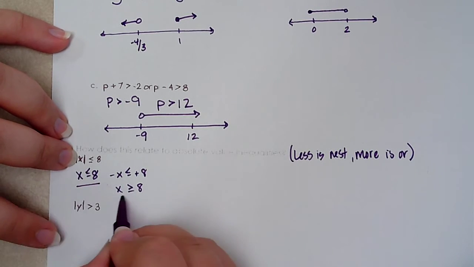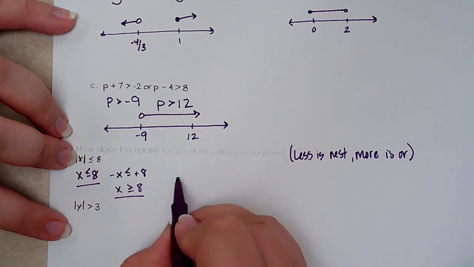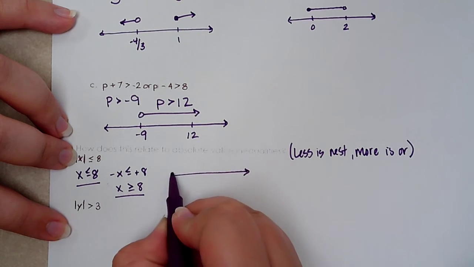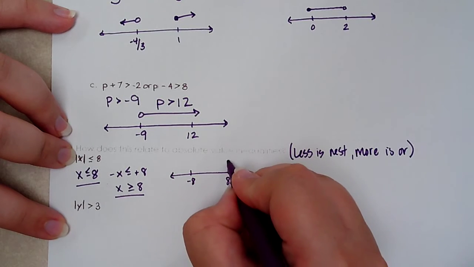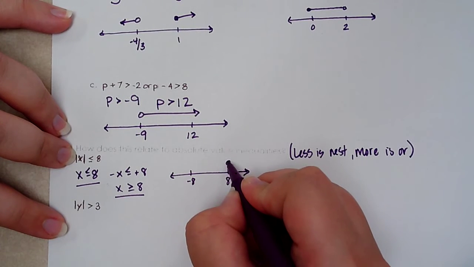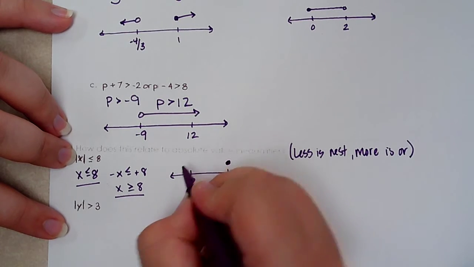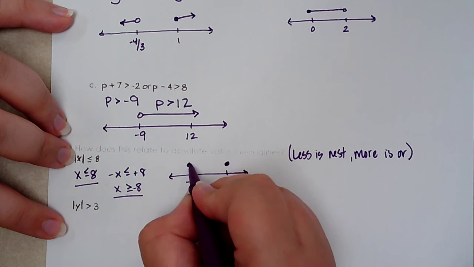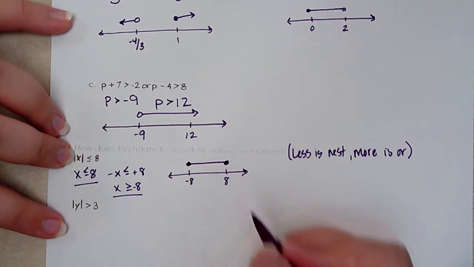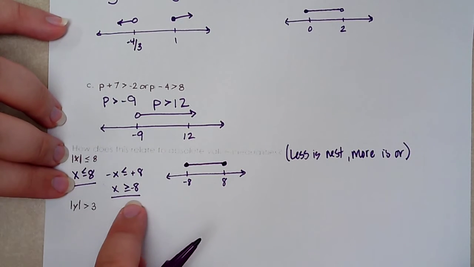Now that I solved and I have my two sides, I can graph. Negative 8 on this end, positive 8 on this end. It is going to be less than or equal to that. I forgot to put my negative in there. And greater than that.